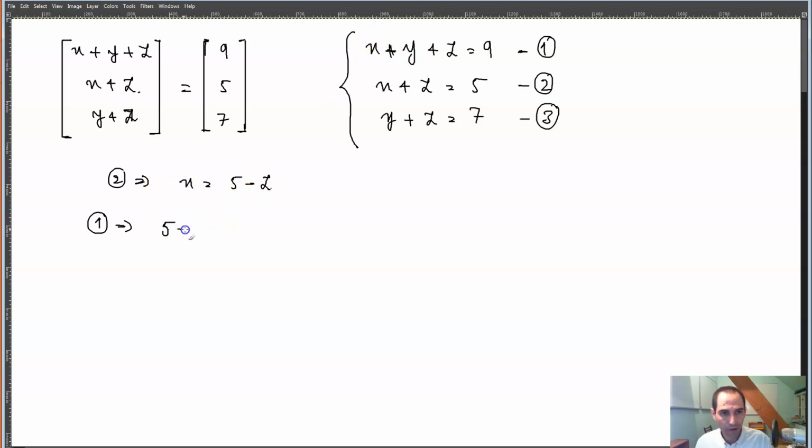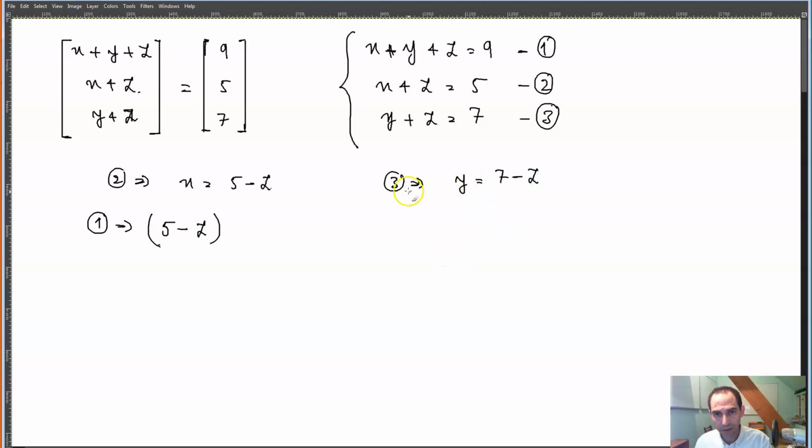And then plus, and then y over here, I can write it in terms of z, meaning that I can take 3 and write y is equal to 7 minus z, right?